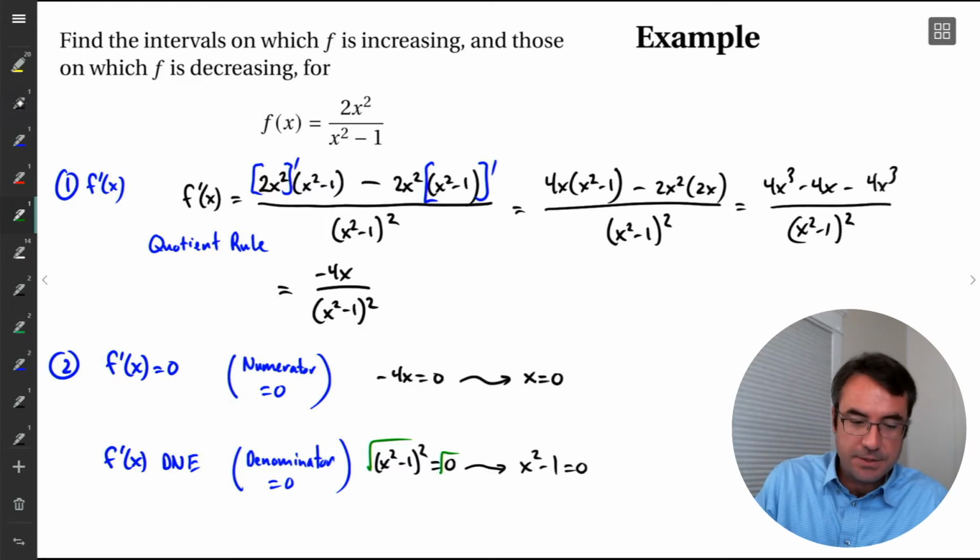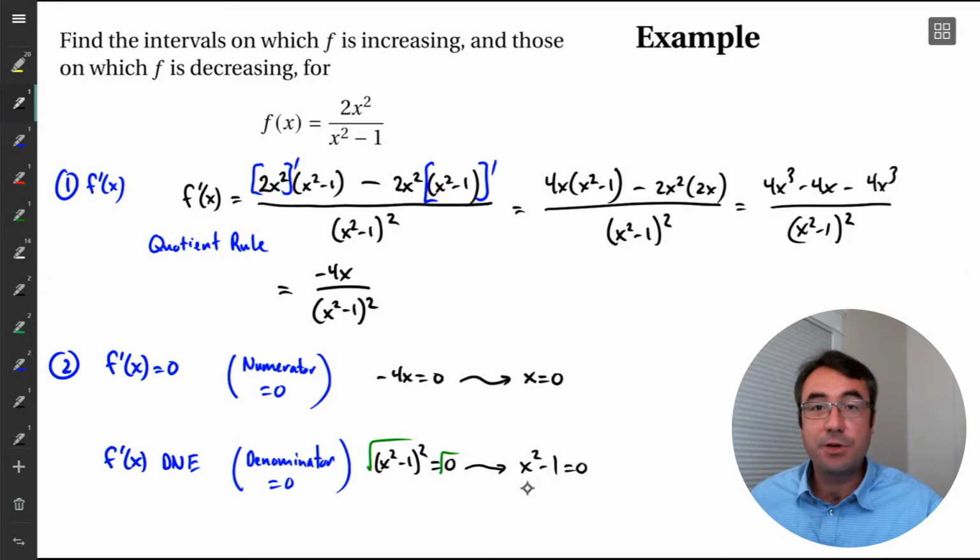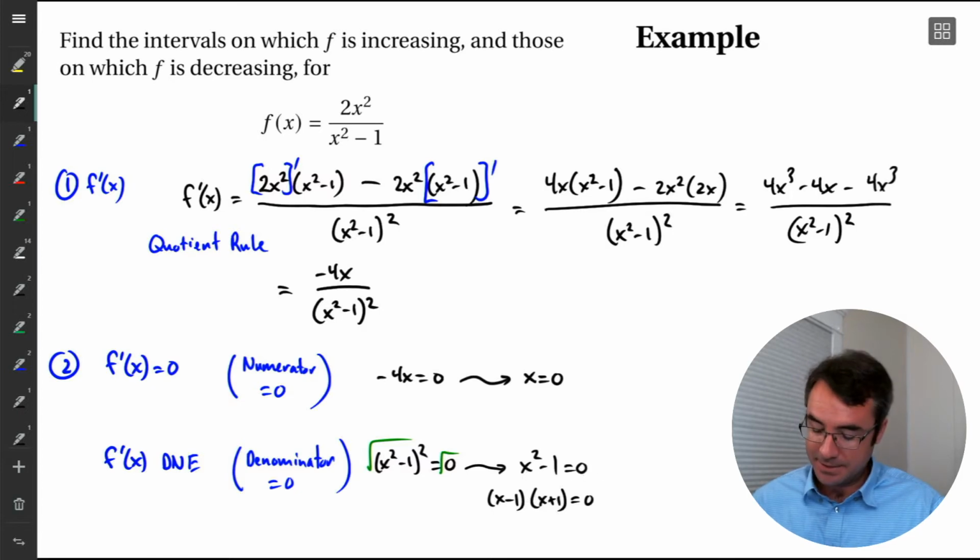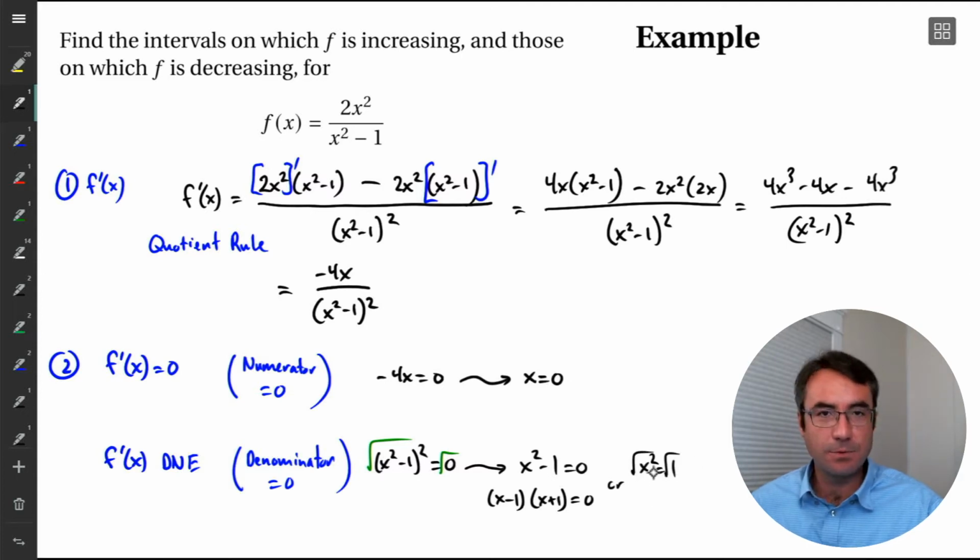And then let's keep solving this here. You could factor this. So this factors into x minus 1 times x plus 1, if you want to think of it like that. Or another way is you could add 1 to both sides, and then do the square root. And whenever we apply the square root to both sides of an equation, and I probably should have done it over here, but I knew I was going to get 0, plus or minus goes in front.